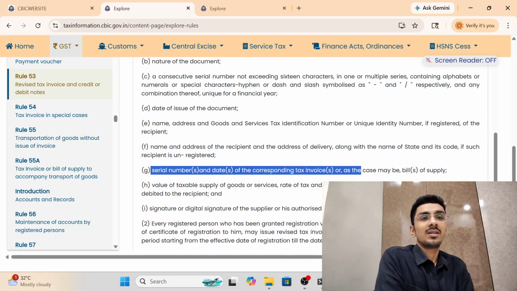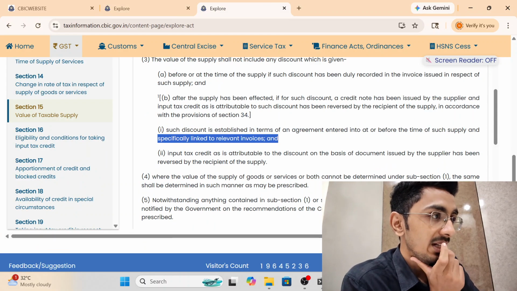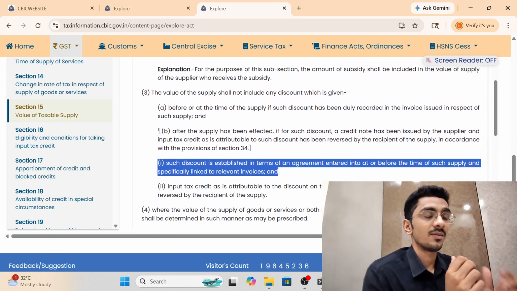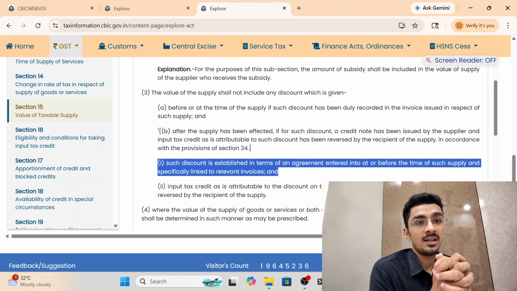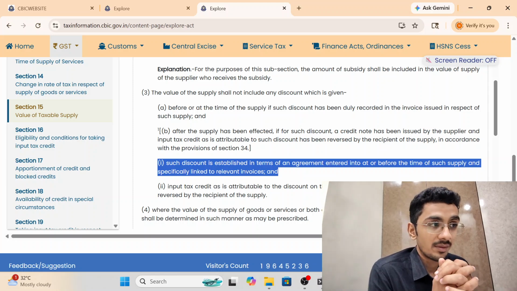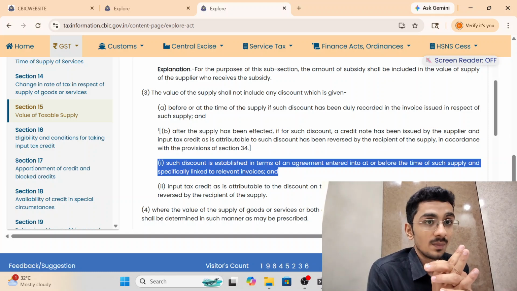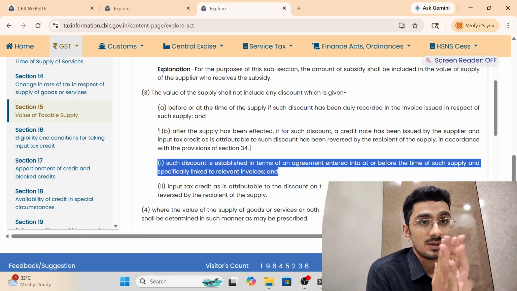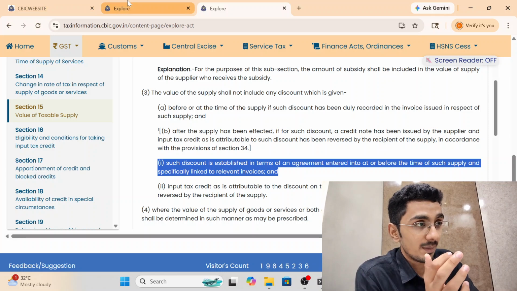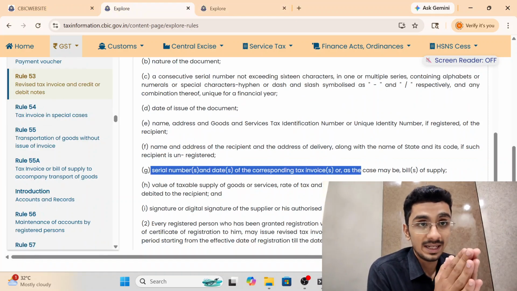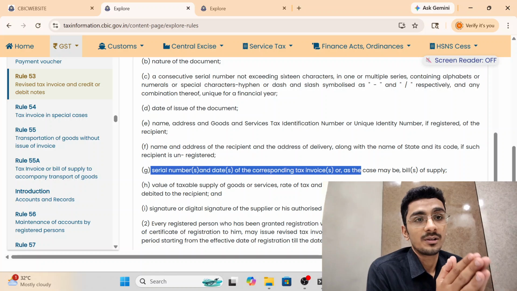So even though the first condition of Section 15 subsection 3 clause B is being removed, in law it is still specifically mentioned in Rule 53 that the serial number of the original invoice along with the date should be referred to over here.